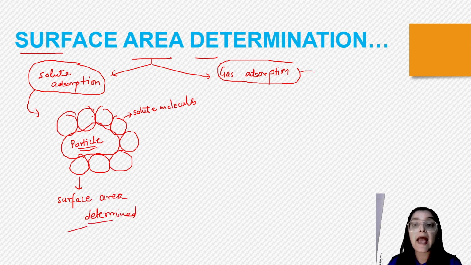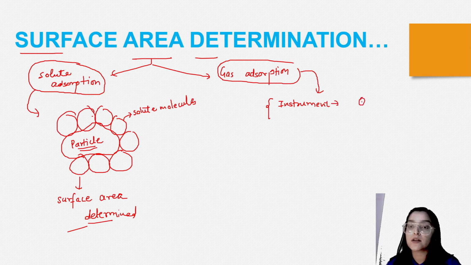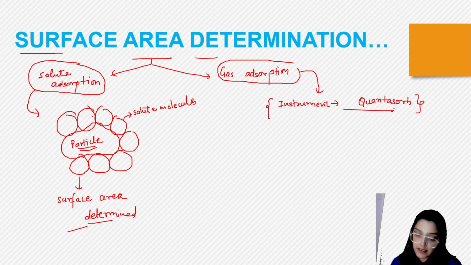Then comes your gas adsorption, which includes determination of the gas that has been adsorbed over your powder particles. The instrument that is used, very important from your exam point of view, is the Quantasorb. Quantasorb. This is the equipment that is used for the adsorption of gas.